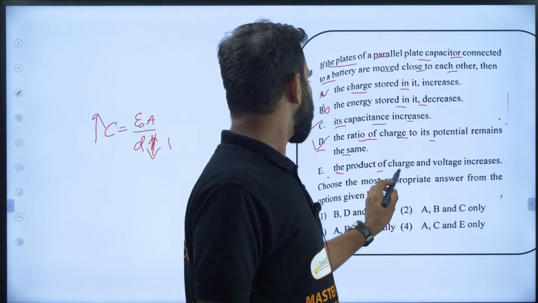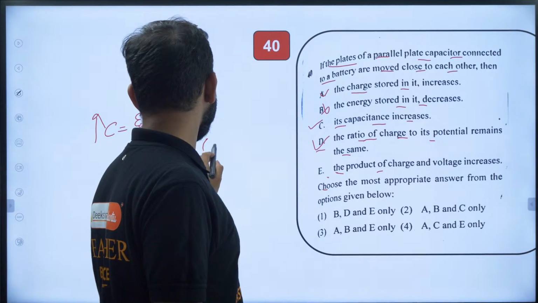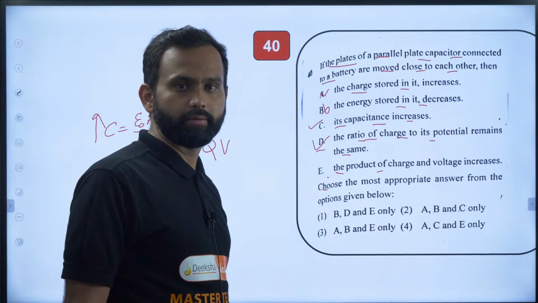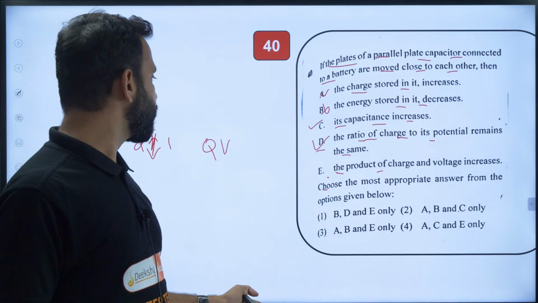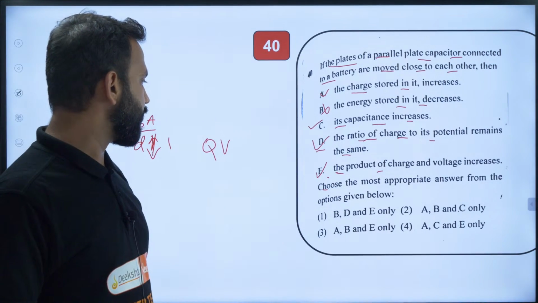E, the product of charge and voltage increases. If Q increases, then the product of Q and V will also increase. This is correct. So ACDE is the correct answer.